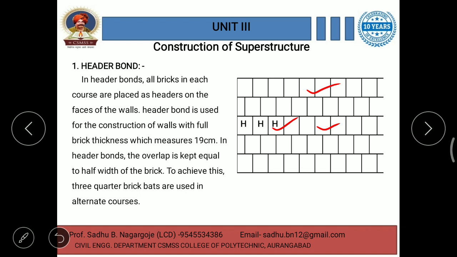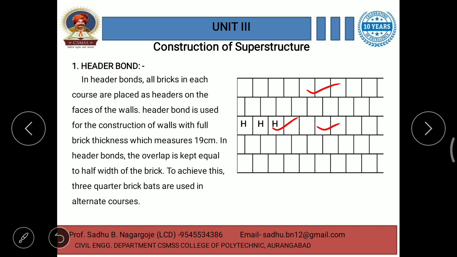This means the masonry shows only half part of the brick, and the half elevation part of the brick is called a header. The construction of brick masonry with all these headers is nothing but a header bond.